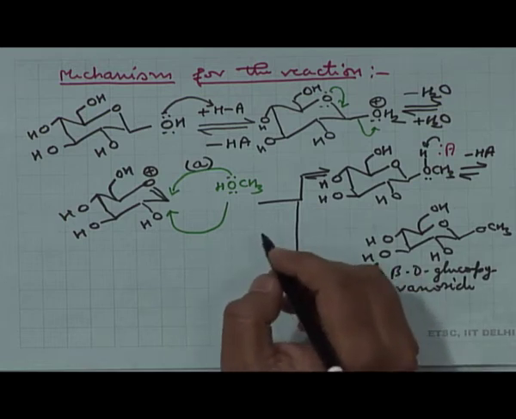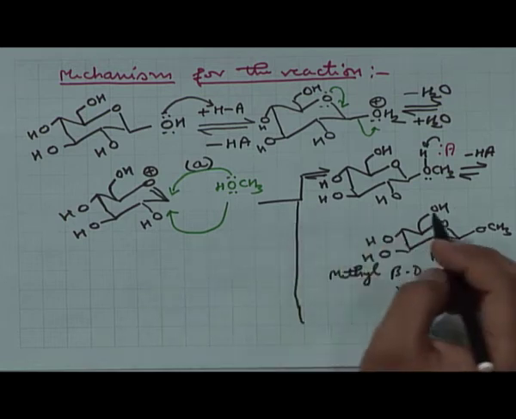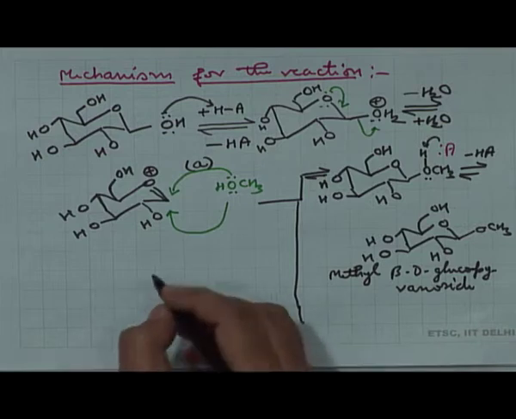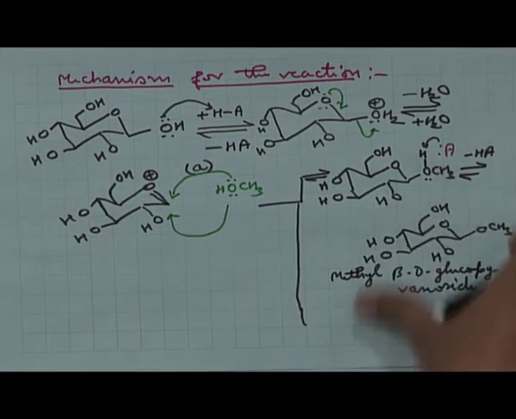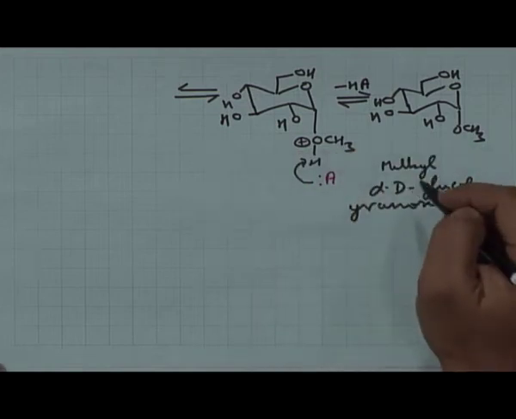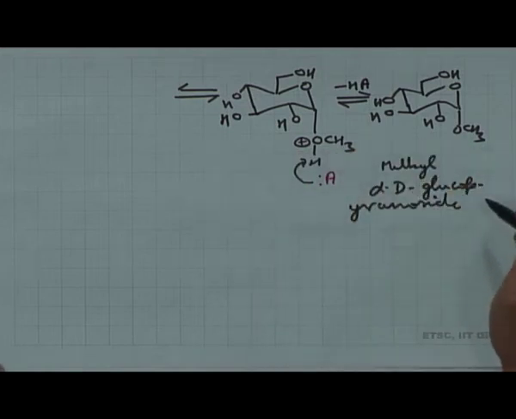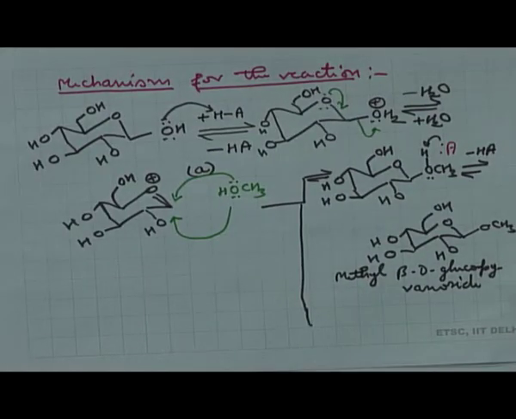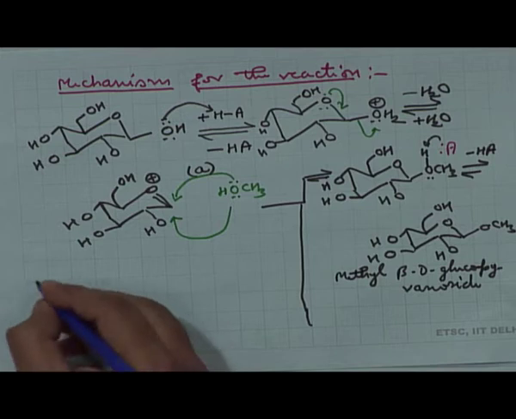If attack is taking place from the top face, that leads to the formation of methyl beta-D-glucopyranoside, and if attack is taking place from the bottom face, then it leads to the formation of methyl alpha-D-glucopyranoside.